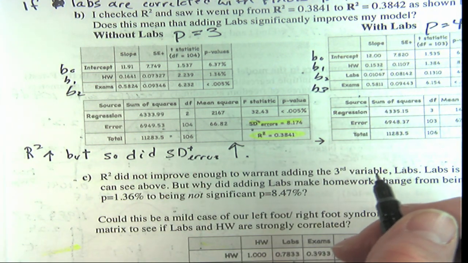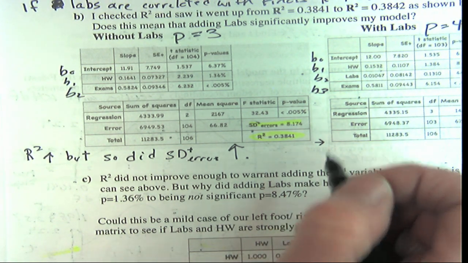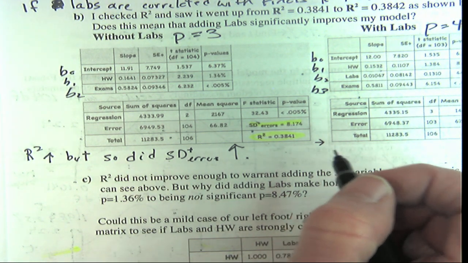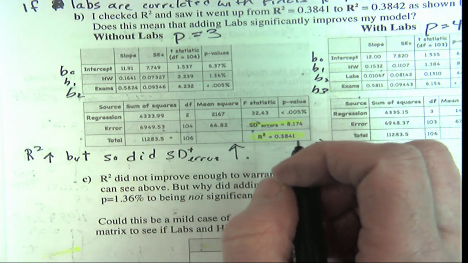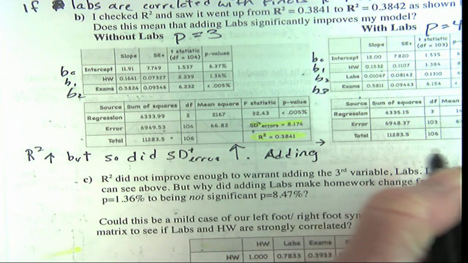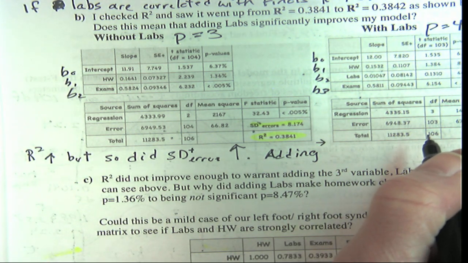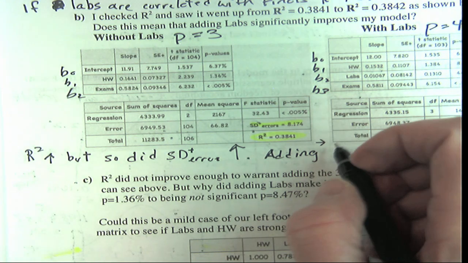So why? How could they contradict each other? How could more information be bad? Well, because it adds more random error. So in general, you have to be very careful when you're adding parameters to a model, because they also introduce more error. So adding a parameter, even if it makes R squared go up, is not necessarily a better model.